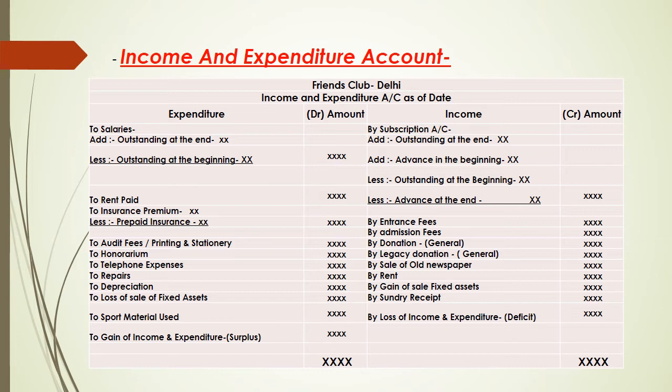Similarly, on the expenditure side, if I take salary, there are two items which I mentioned: outstanding at the end of the year and outstanding at the beginning of the year. Outstanding at the end of the year means any amount which is payable to an employee for this current year, but we are not paying it yet and will pay it next year.